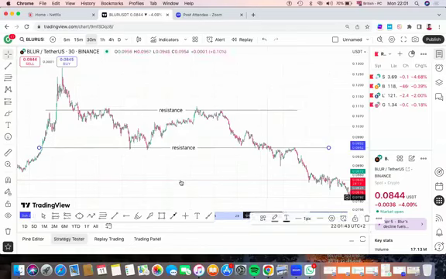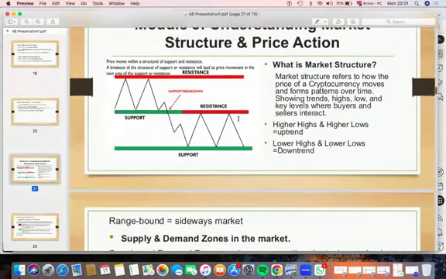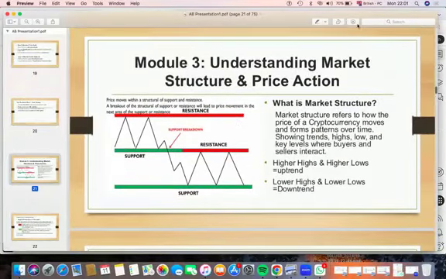We have our resistance. And why do we say this is our support and this is our resistance? So let's go back to our file. You can see from here that when you are drawing your support and resistance, there has to be a channel.